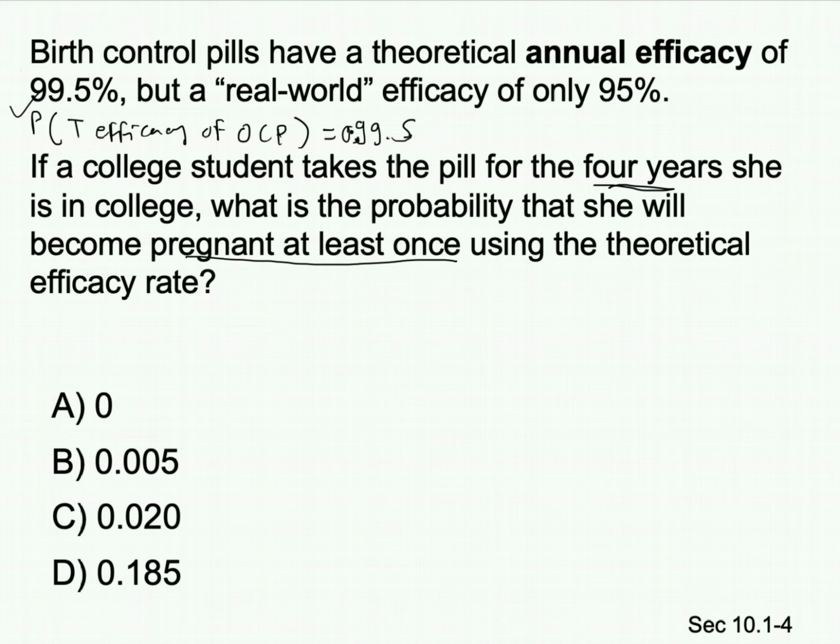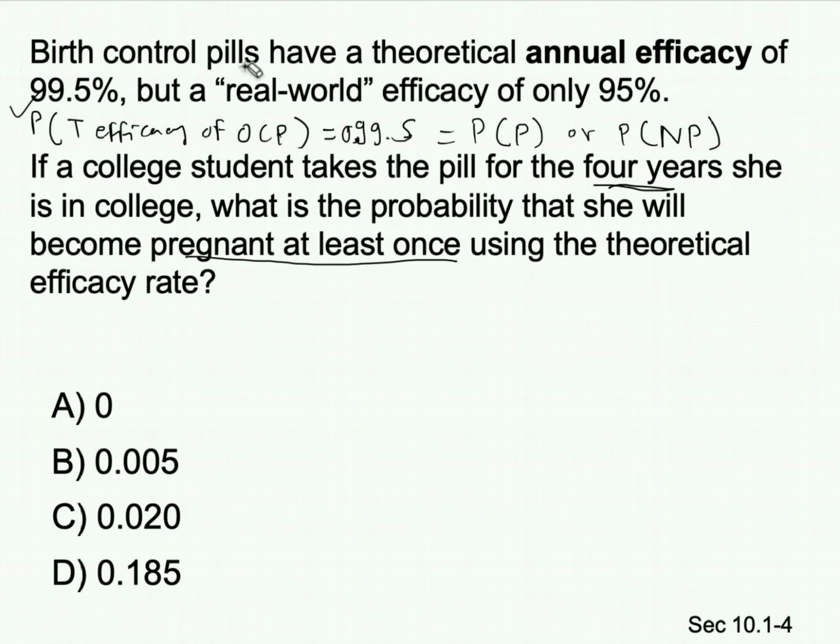But what is that probability? Is it the probability that a randomly drawn female will become pregnant in a particular year, or is it the probability that she will not become pregnant? That's related to the theory behind this.